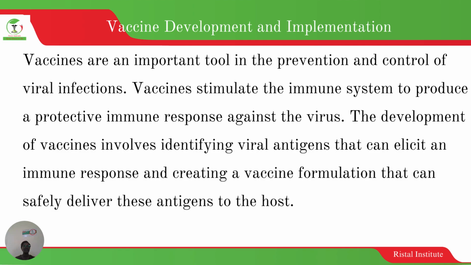Vaccines. Vaccines are very important in prevention and control of viral infections. And how do vaccines work? Vaccines will stimulate the body to produce a protective immune response against the viruses. So you now find that the development of vaccines involves identification of viral agents that will put forward an immune reaction and creating a vaccine formulation that can safely deliver these antigens into the host.